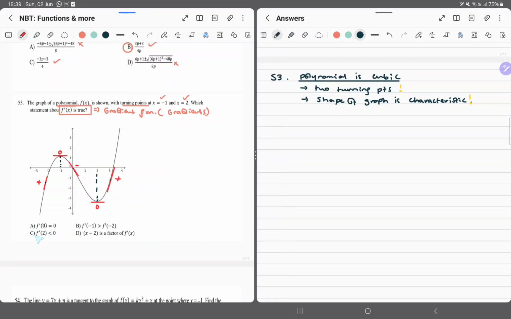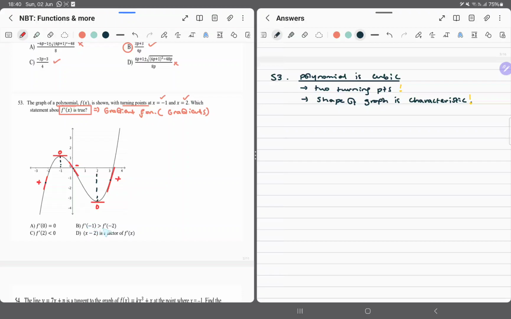So that's not true. F prime of 2 is actually equal to 0, so that's not true. F prime of minus 1, can you see, is 0, is greater than f prime of minus 2. Now when x is minus 2, the gradient is positive.